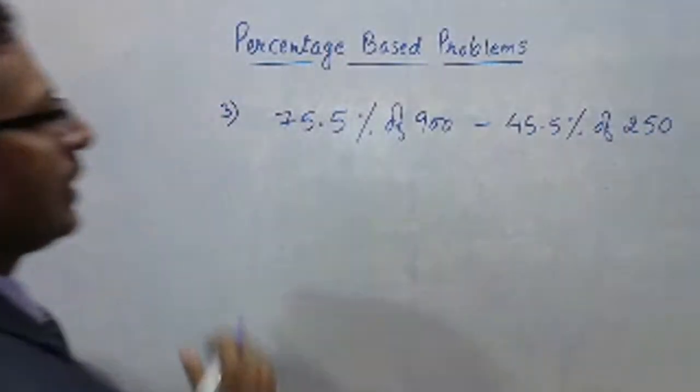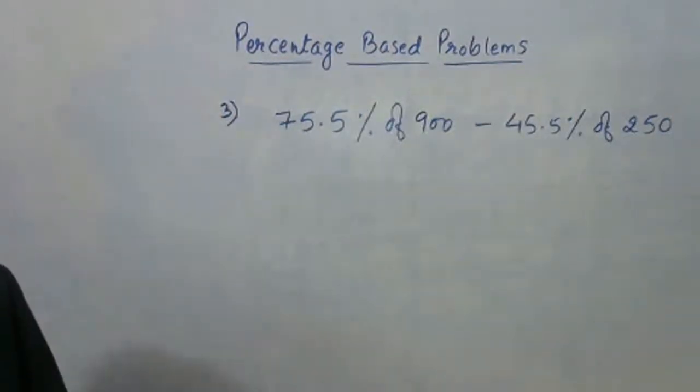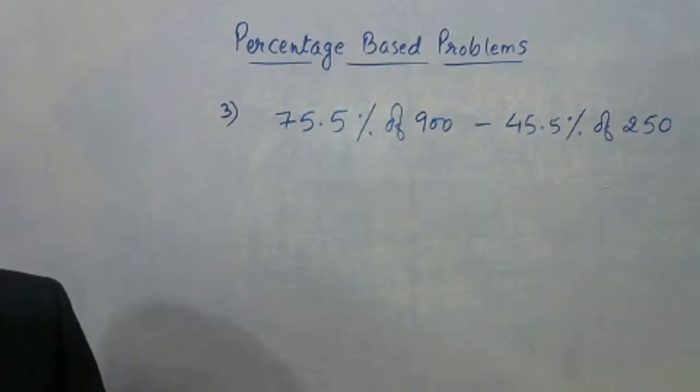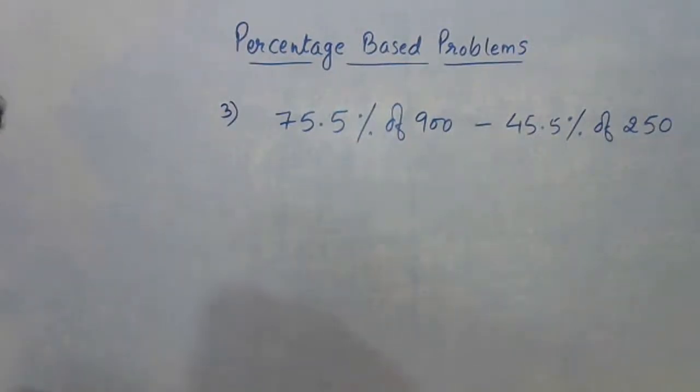Let's see the answer for this one. Now all decimal percentages, but be careful not to commit a silly mistake here. And I hope this time I'll have a lot of correct answers.